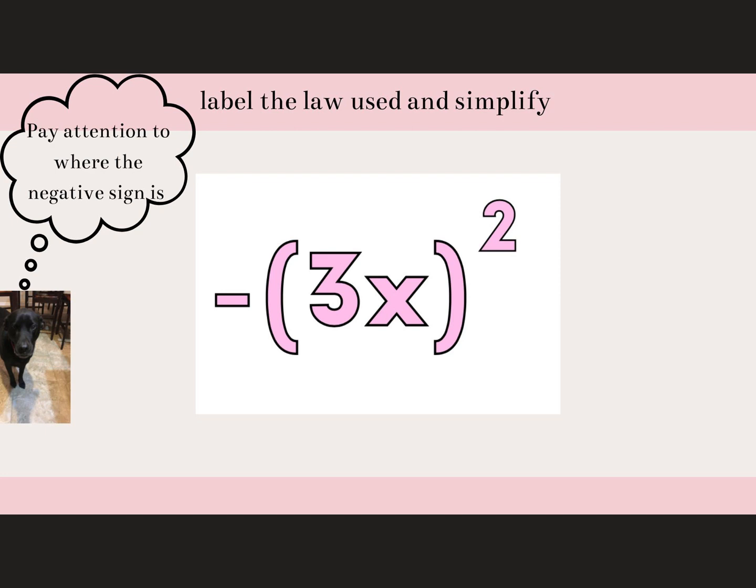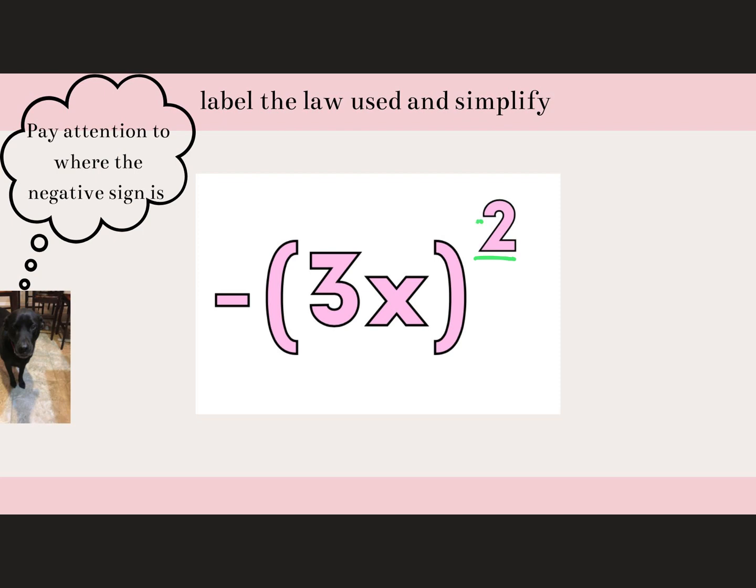I see Jeter popped in here on the left-hand side to give you a reminder to pay attention to where that negative sign is. That's a great reminder. So hopefully the law of exponents that you are using is our power to a power. So the first thing is here, I have this negative 2 on the outside of my parentheses.